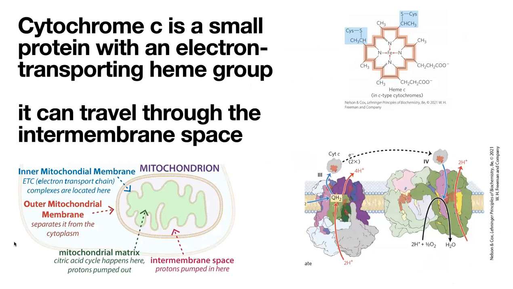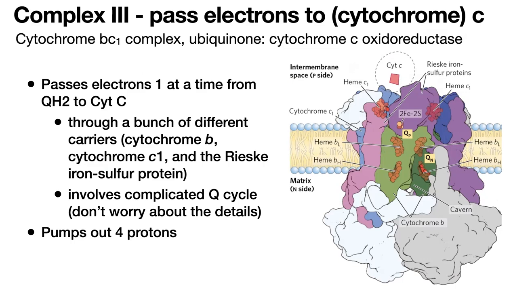So we're going to need to just give cytochrome C one electron at a time. But we have 2 electrons in our Q, in our ubiquinol, and we don't want to waste that second electron. Instead, we're going to go through some complex gymnastics in order to take ubiquinol and pass one of the electrons from it to the cytochrome C and hold on to that other electron until we go to a second cycle.